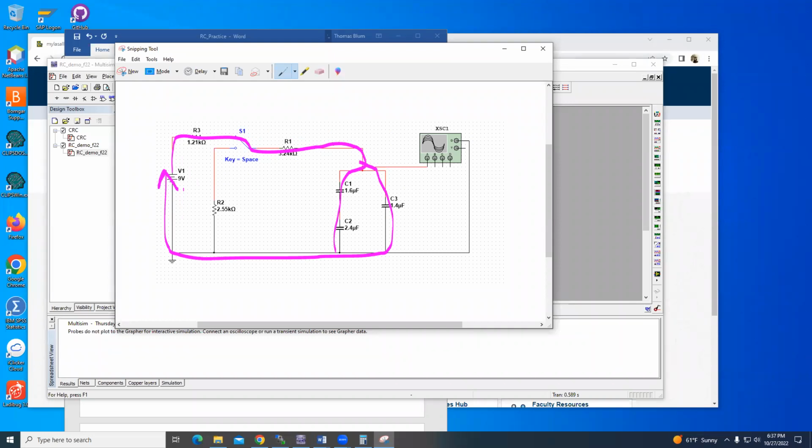R2 is not in the charging path. That's what you have to recognize, that they're different. I'm going to have the same capacitors in the charging and the discharging circuit, but I am not going to have the same resistors in the charging and the discharging circuit. So that's the charging.